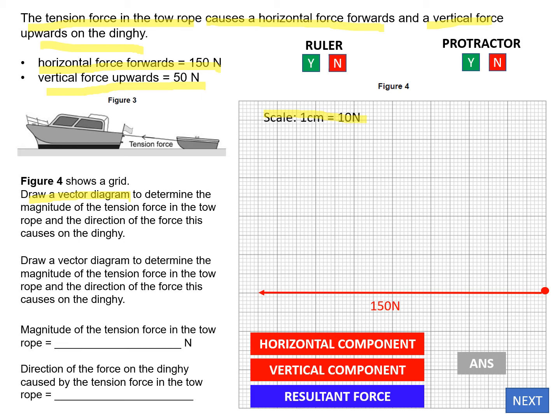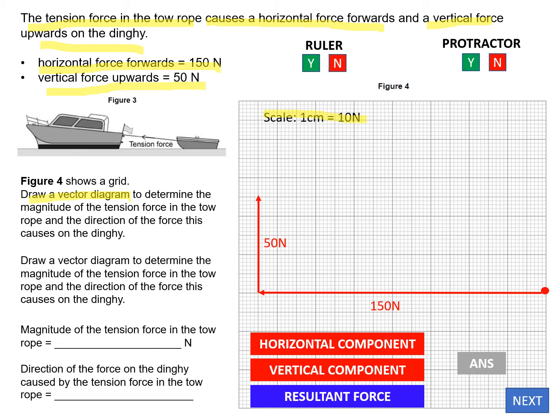I need 150 newtons, so that's going to be 15 squares. Okay, you can count the squares if you want. There are 15. And then from the end of this, from the point of that vector, we're going to add the vertical component, and that's 50 newtons, so that's 5 squares. Okay, so here are my two components, horizontal and vertical.